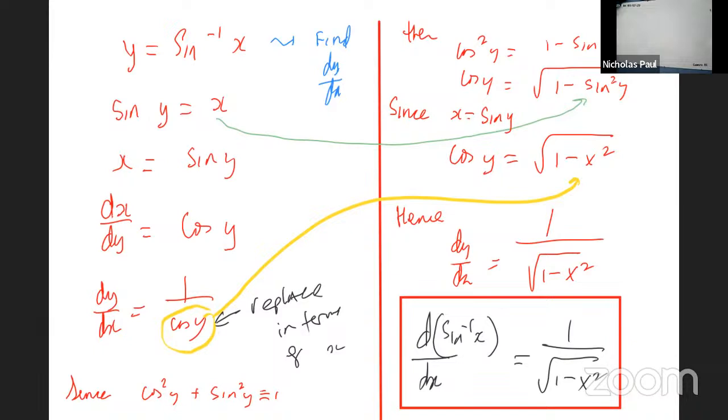Copy it down, and of course, I'll give you cos inverse to do. So if you finish, differentiate cos inverse x. Same procedure.